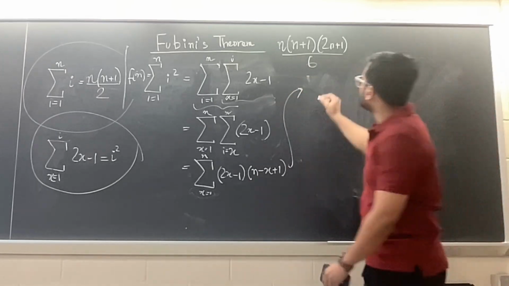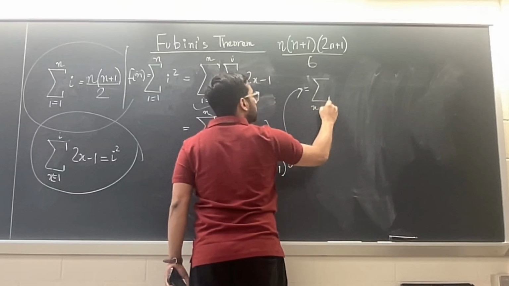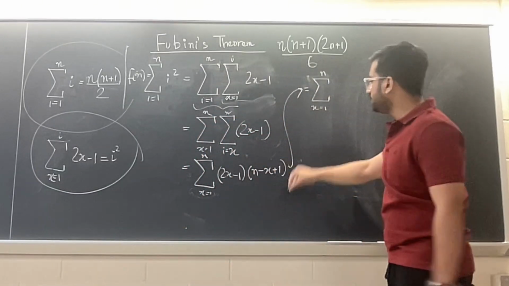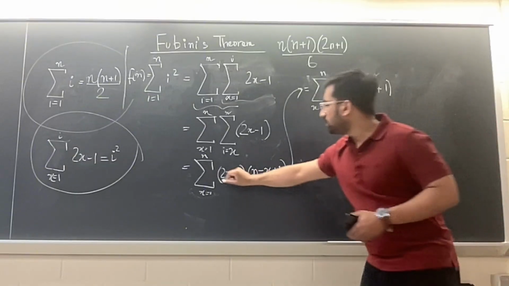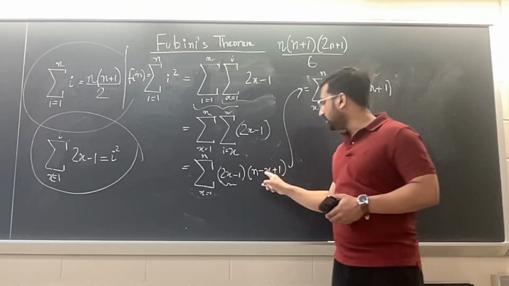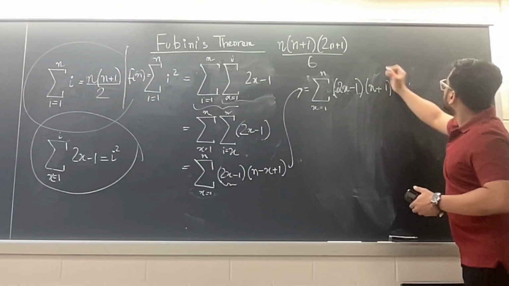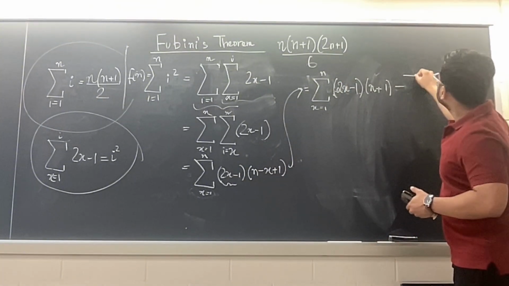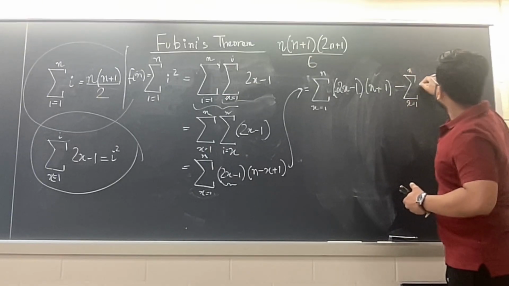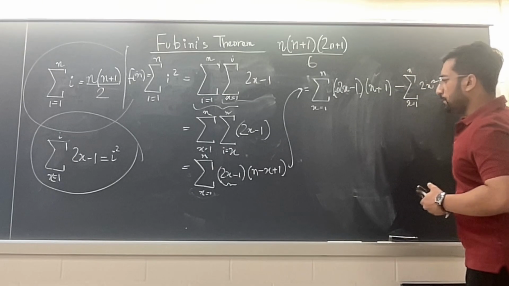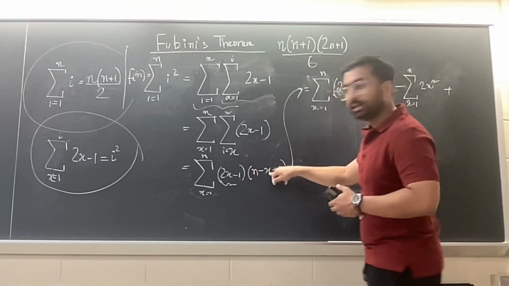So we'll expand this. Summation x from 1 to n. We'll expand this, so we will have 2x minus 1 times n plus 1, and then minus x times 2x minus 1, so minus 2x square. So we will have minus summation of x from 1 to n of 2x square, plus x, because minus 1 minus x is plus x.